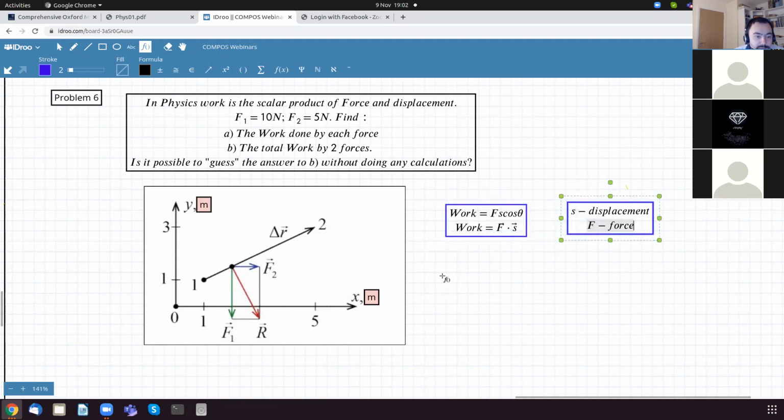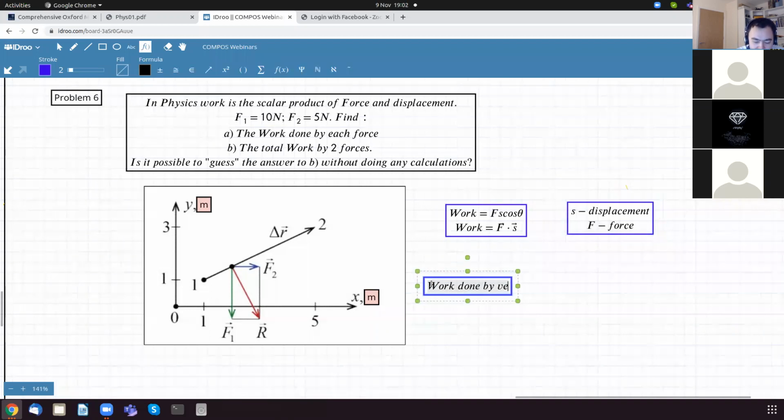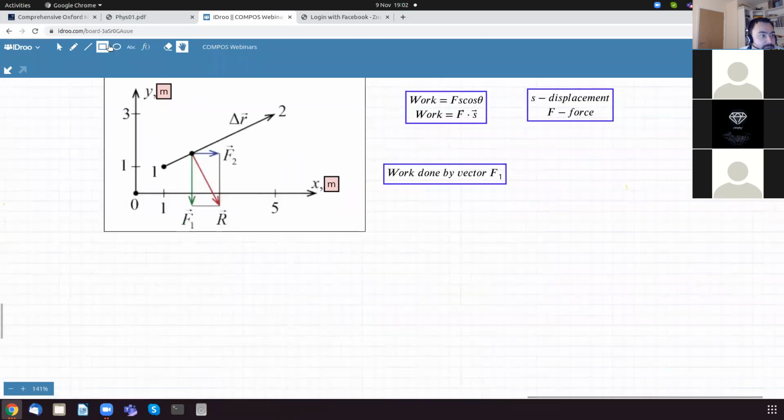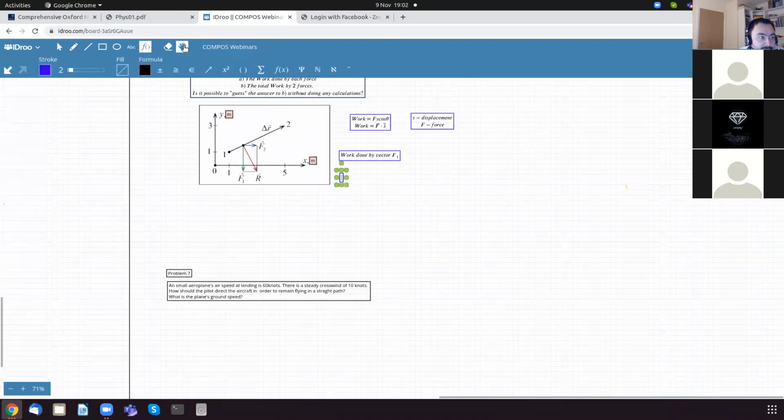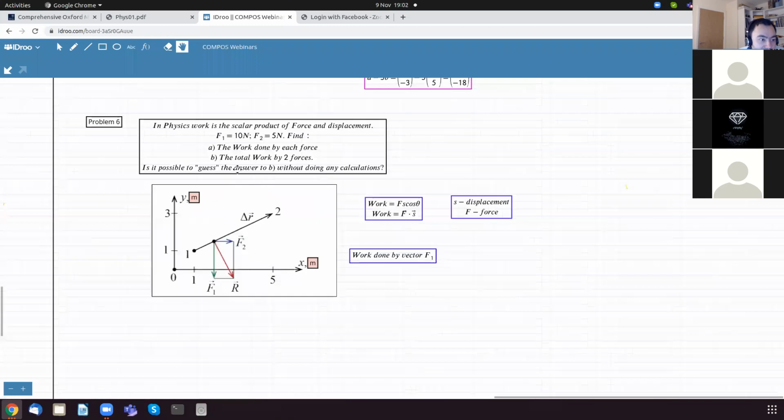So why not just write out the vectors? The work done by each vector. Work done by vector F1. So from the diagram, it's given that F1 is 10, F2 is 5.